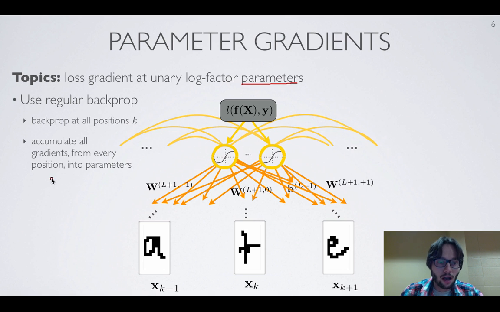Notice that because it's the same neural network at each position in the conditional random field, I need to accumulate all the gradients for every position in the sequence into my computation of the parameter gradients.